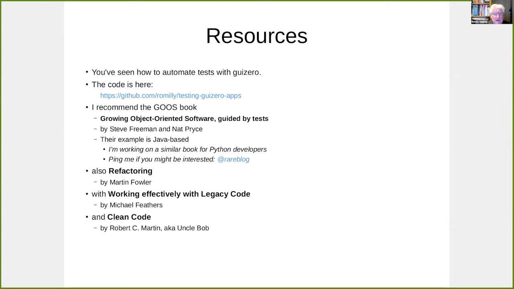So how do you start applying tests so that you can change that code in order to improve it? And then the last book is not particularly Python oriented, but it's got some very good advice about how to write code that's easy to understand, easy to test, and easy to change. Clean Code by Bob Martin.